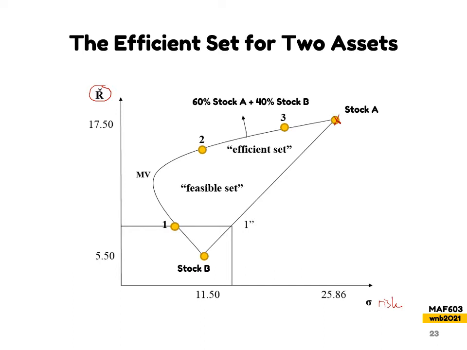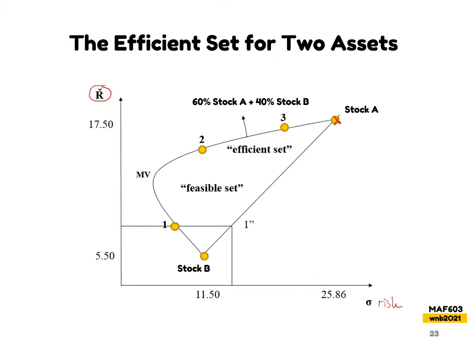The expected return is 25.89%. On the other hand, if I invest all my money in stock B, I expect to get a return of 5.5% and an SD of 11.5%.